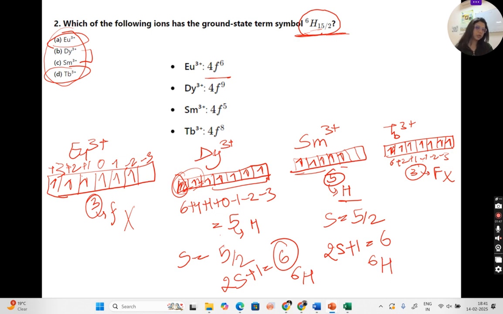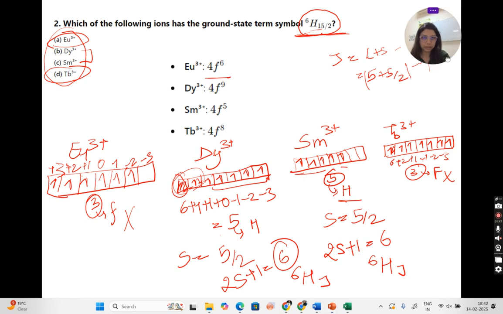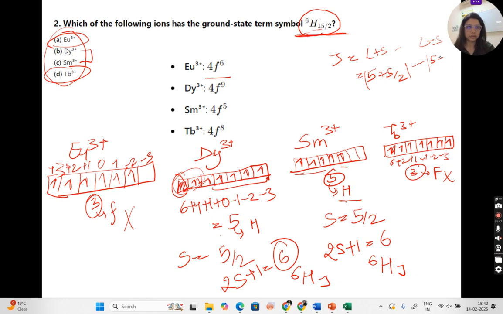Now we are only left with the deciding factor, which is J, here and in this case as well. So J will decide which of these has this term symbol, and the value of J can be calculated from L plus S to L minus S. Both of these have L of 5 plus S of 5 by 2, and here also 5 minus 5 by 2.